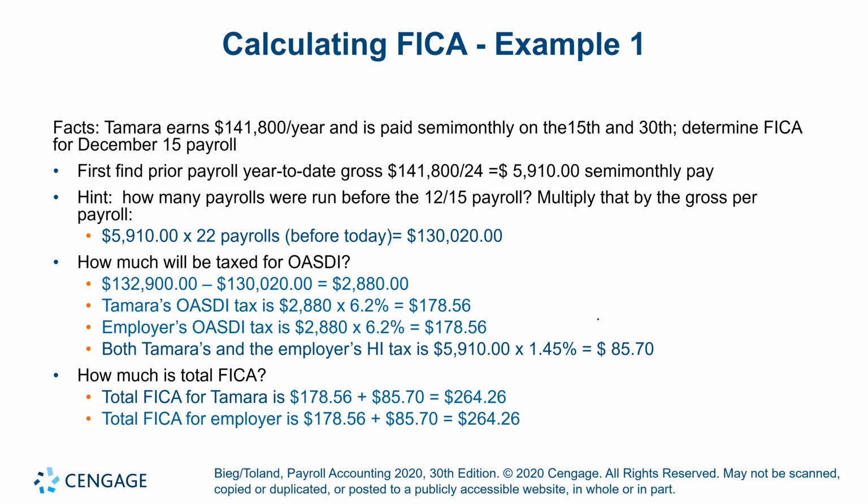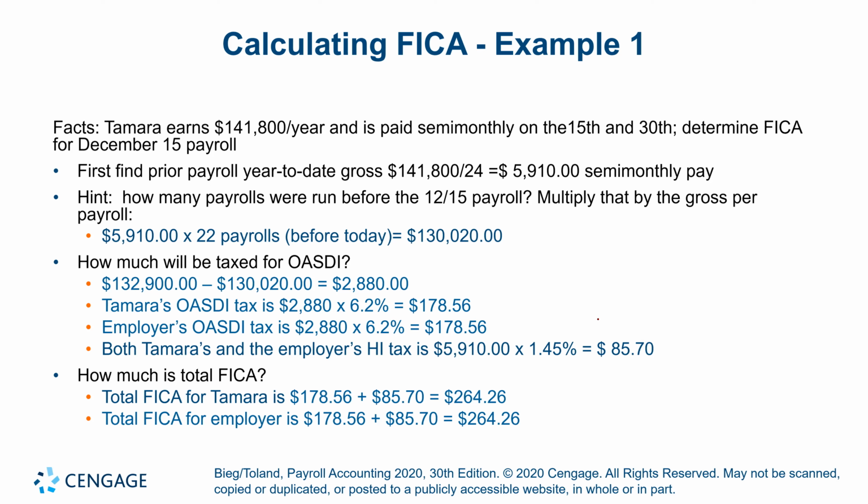So it says first we want to find prior payroll year-to-date gross. And so if we take that 141,800 divided by the number of pay periods per year, this individual earns $5,910, basically twice a month, right?